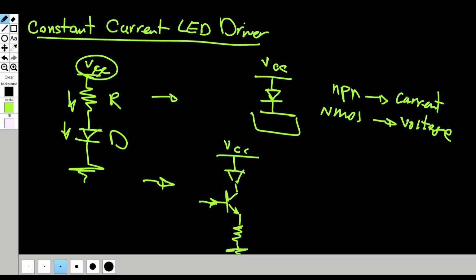So what's the difference? If we're using an NPN transistor, you could use any sort of transistor. We're using NPN because NPNs are much simpler. They're cheaper, and they're widely available, and you can use them in any sort of power rating and any sort of voltage rating. So they're pretty handy. So we're using an NPN transistor in this case.